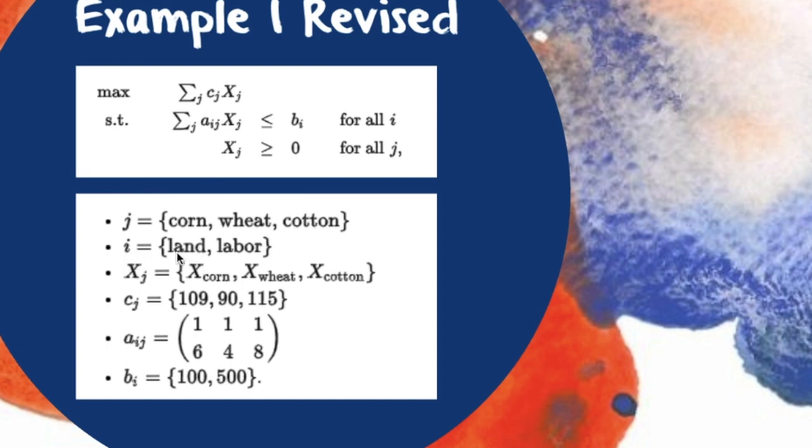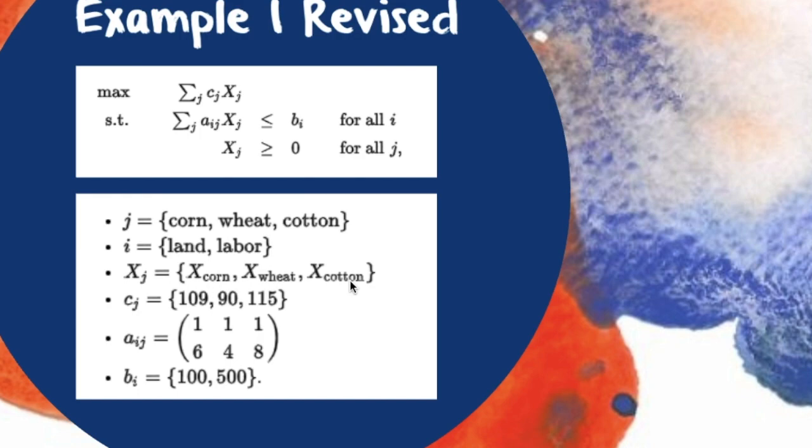I's are land and labor. Xj's, which are variables, will be x corn, x wheat, and x cotton, but we could define them as xj's. Then coefficients in the objective function would be 109, 90, and 115. Also, this is the table form or matrix form of coefficients of constraints, and here are the boundaries for constraints.